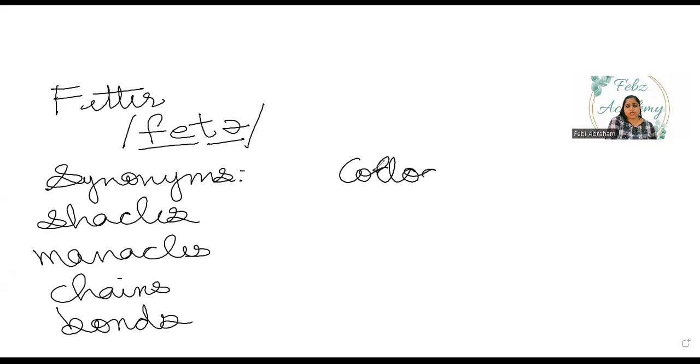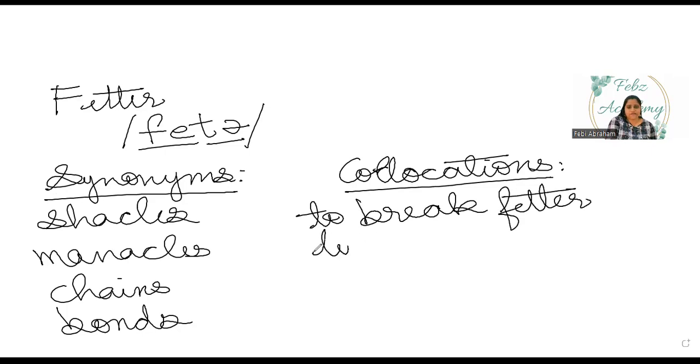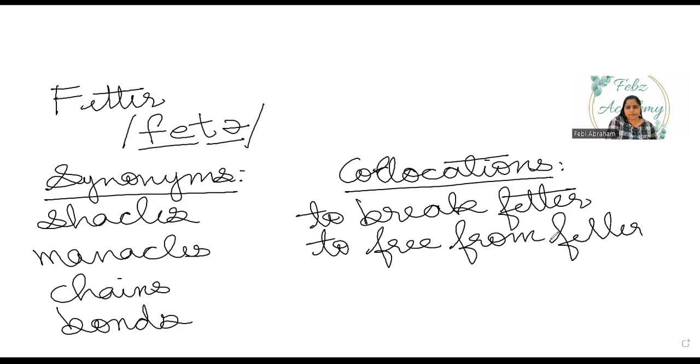Collocations are the words that normally come with this particular word. Now, let us see the collocations. Collocations are: break fetters, which means to break the chain, or to free from fetters.